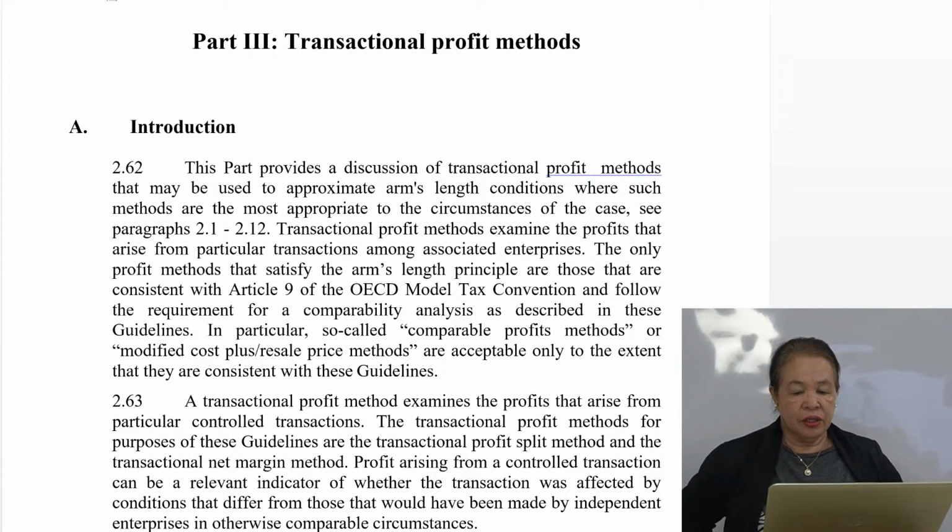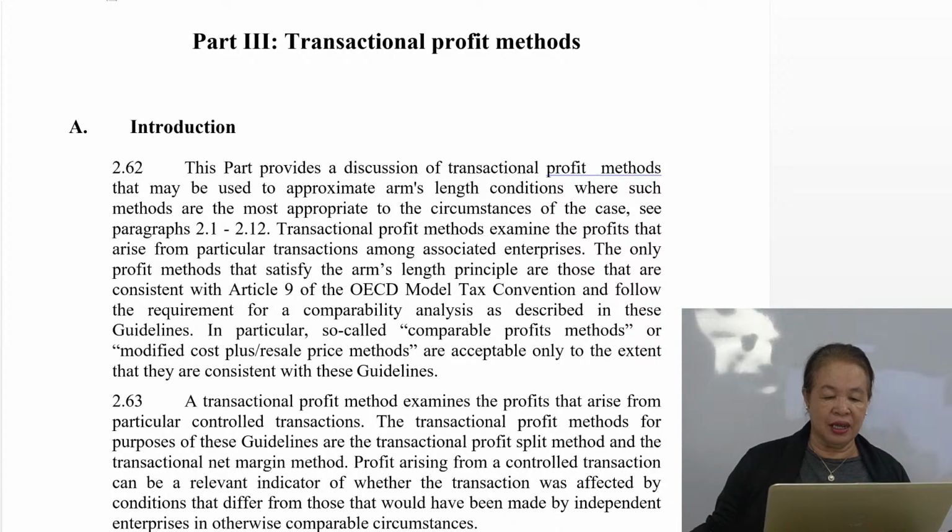No? So, so-called comparable profits methods or modified cost plus or resell price methods are acceptable only to the extent that they are consistent with these guidelines. No? Yung sinasabi nila na modified cost plus or modified resell price method. No? Okay.